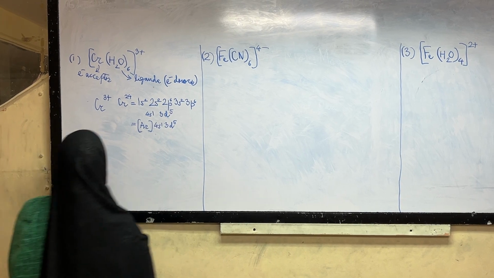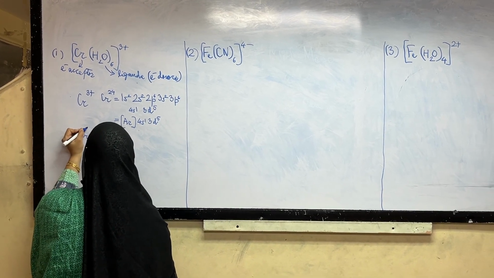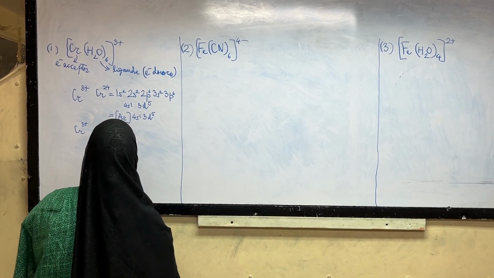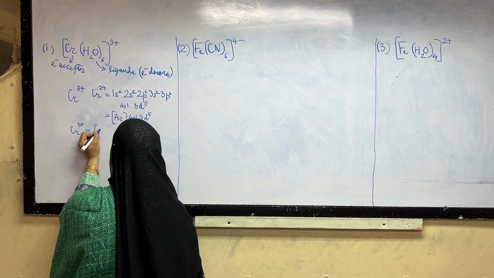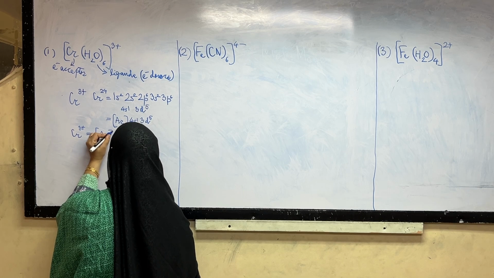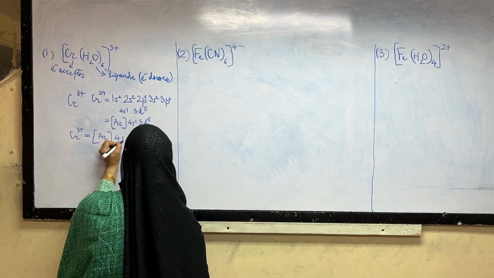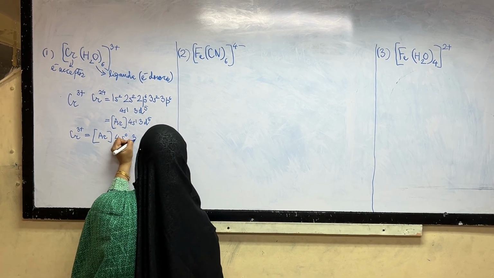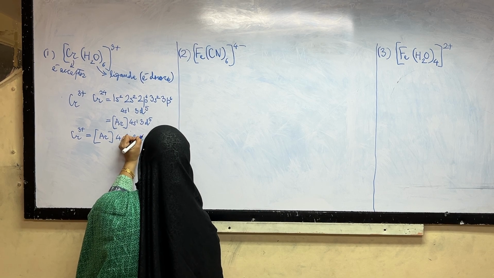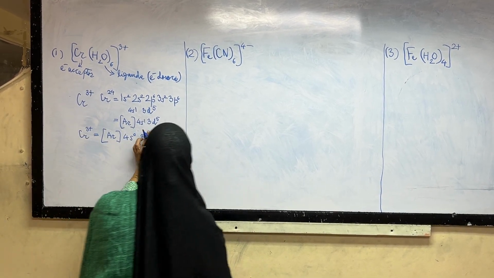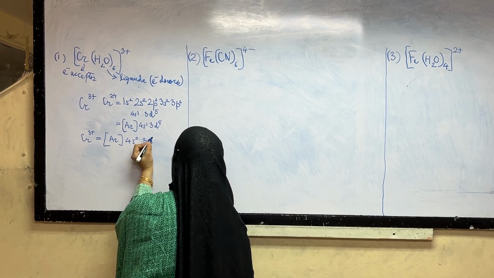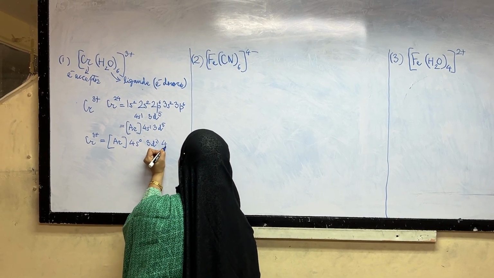Okay, now if I remove 3 electrons to form chromium 3+, then the electronic configuration of chromium 3+ will be argon 4s0 3d3 and 4p0.